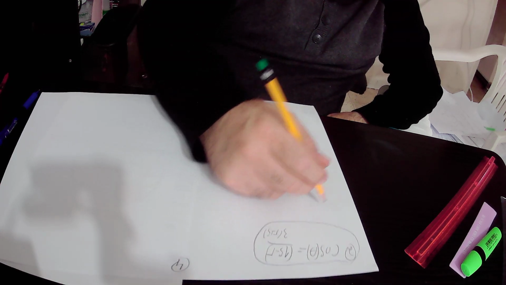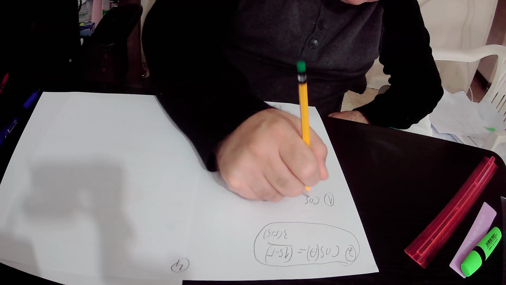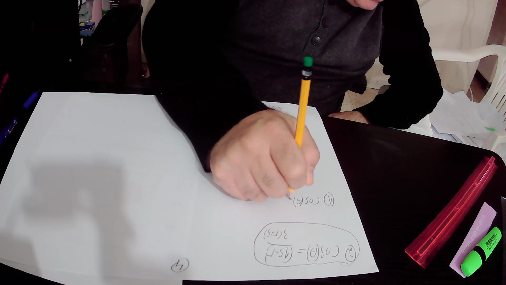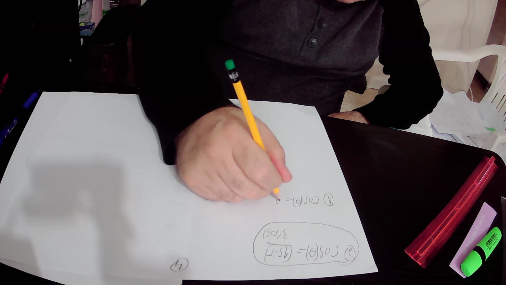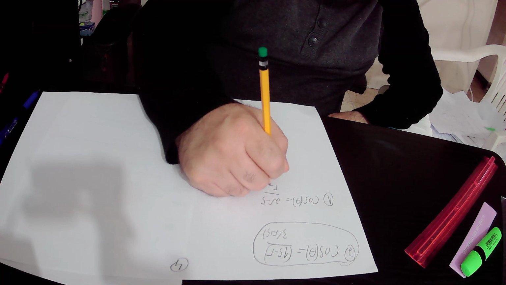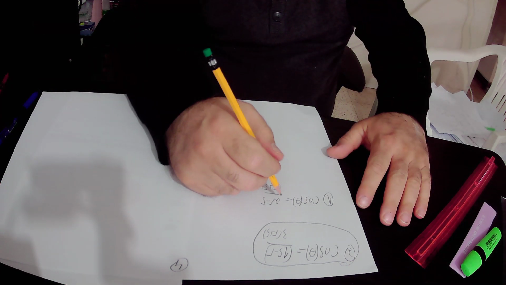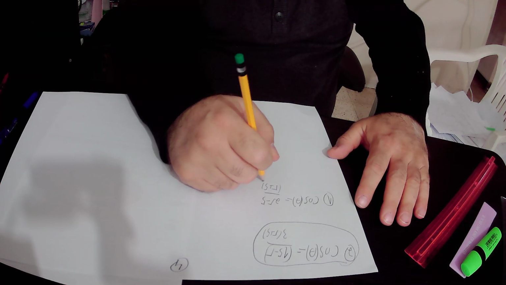But we have already found out that according to equation number 1, cosine theta is equal to 2r minus 5 over r plus 5. We have two different expressions for cosine theta.